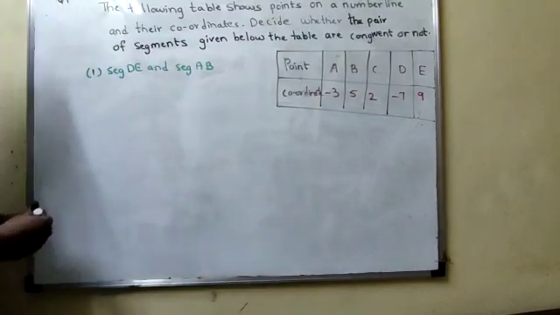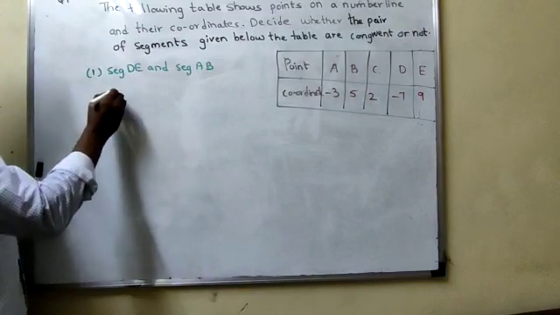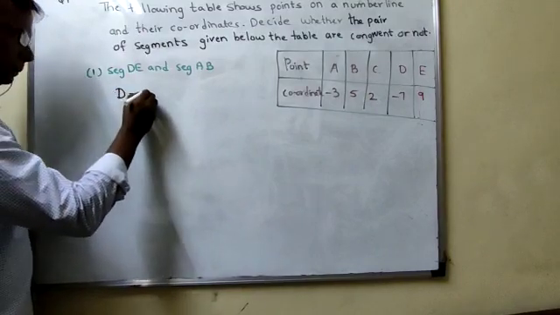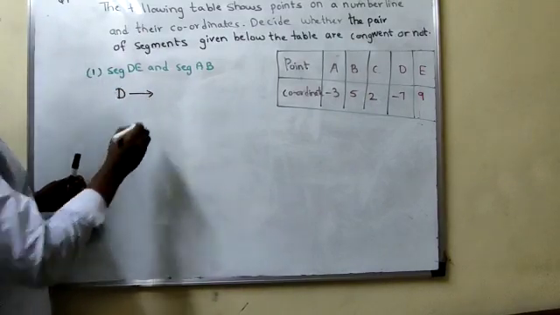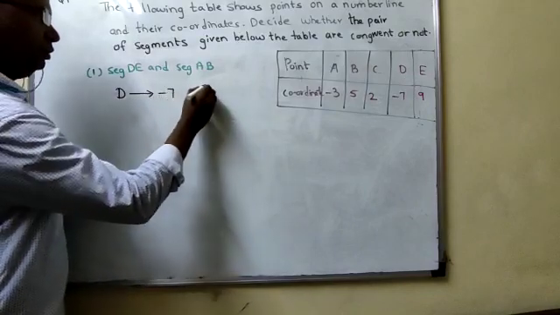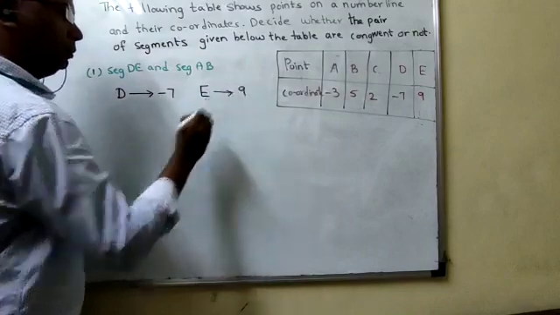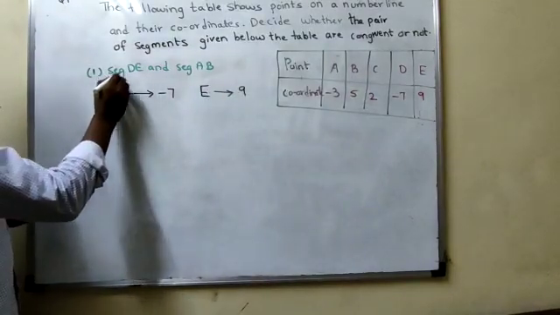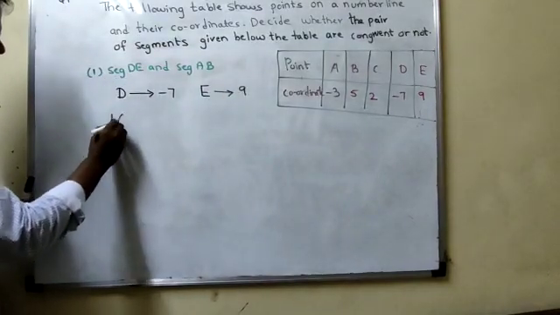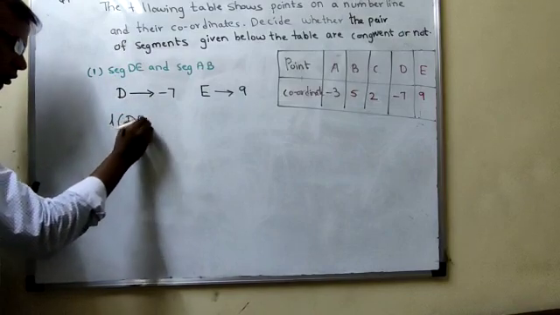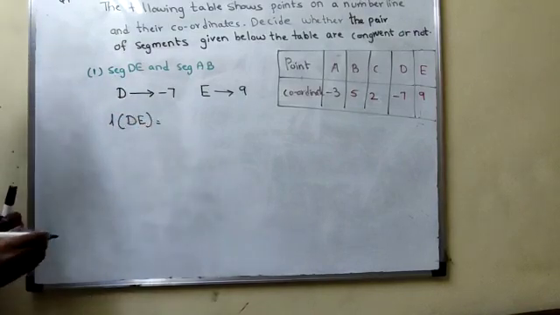First we'll find the coordinate of D. What is here? -7. E, the coordinate is what? 9. So first we'll find the segment DE. Segment means length only, or you can say distance. What is the distance formula?